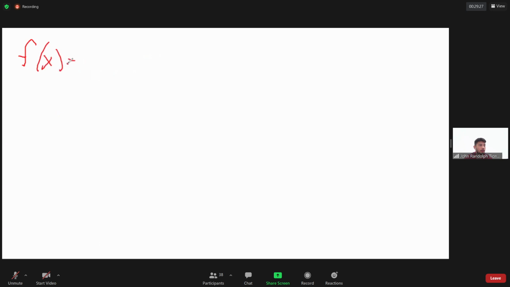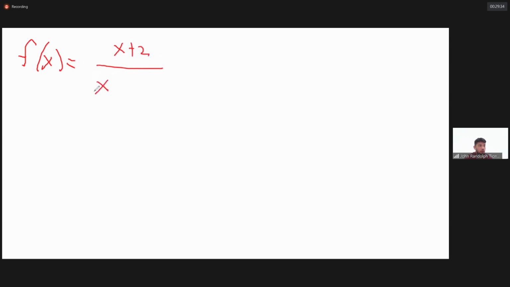F of x equals x plus 2 over x squared minus 3x plus 2. Okay, now give me the x-intercept and then the y-intercept. Do not just write the word y, kasi iba ang ibig sabihin ng y lang mismo kaysa y-intercept.